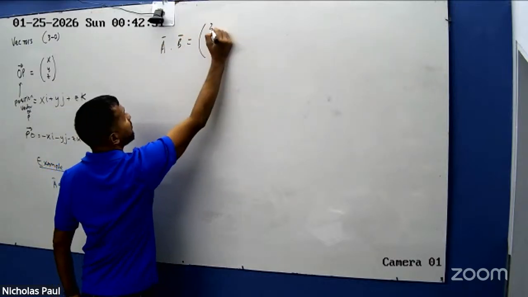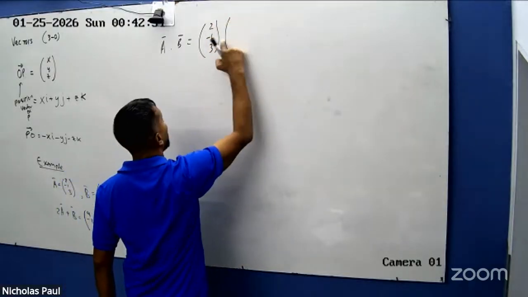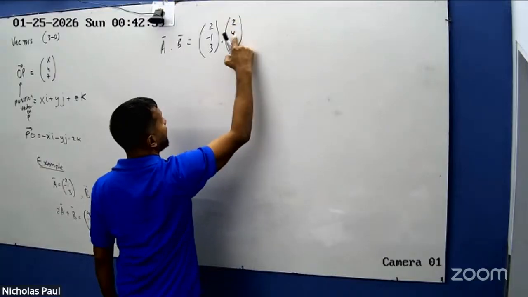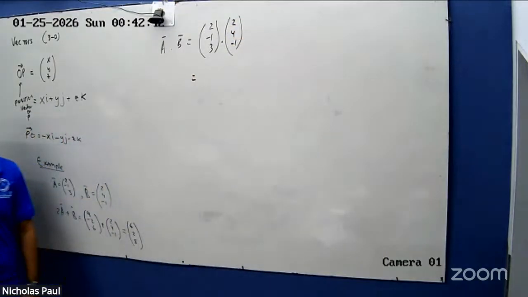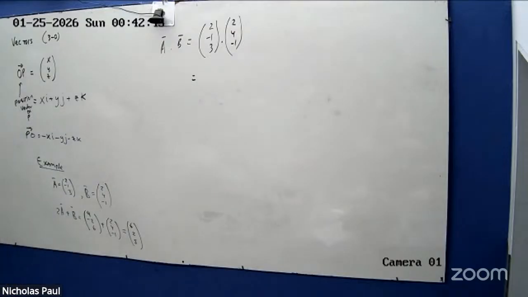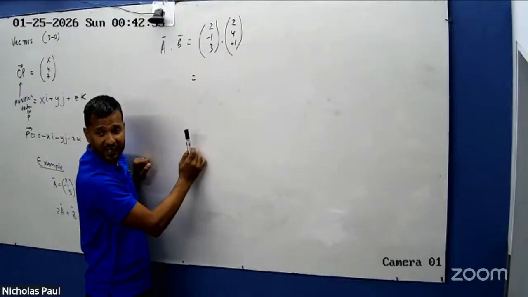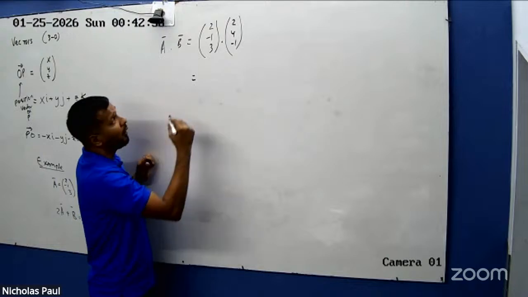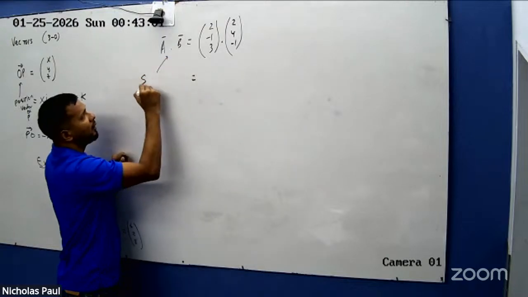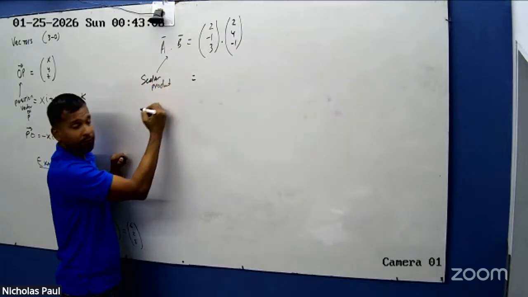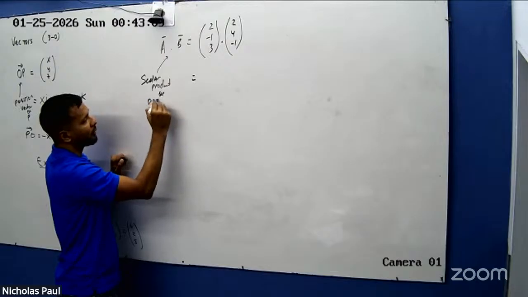If I wanted to multiply (2, -1, 3) by (2, 4, -1), how do we multiply two vectors? Anybody remember? How do we multiply two vectors? Multiply the x, the y, and the z, and add them up, right? Because this is called the scalar product or the dot product.